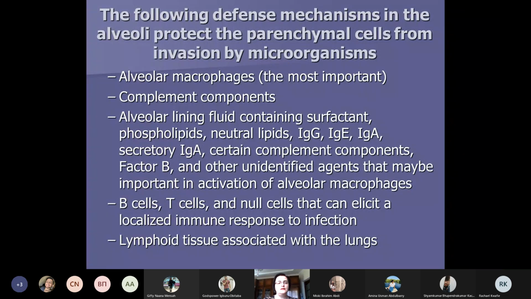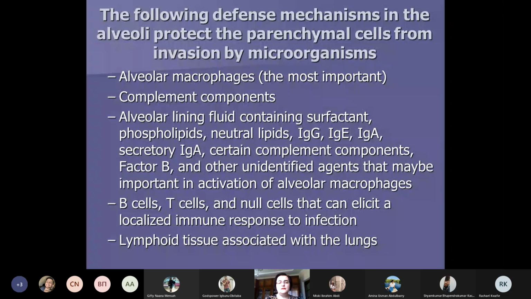I hope you remember that particles from 2 micrometers to 0.2 micrometers can go all the way down inside the alveoli, avoiding the defense of the upper respiratory tract and the mucociliary elevator. Note, most bacteria and all viruses are 2 micrometers and smaller.